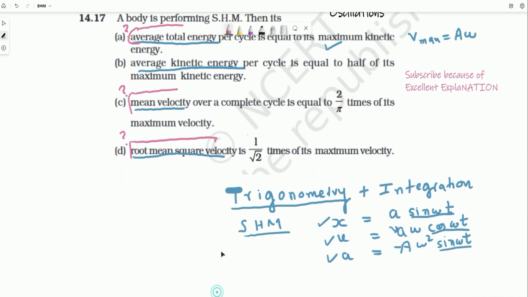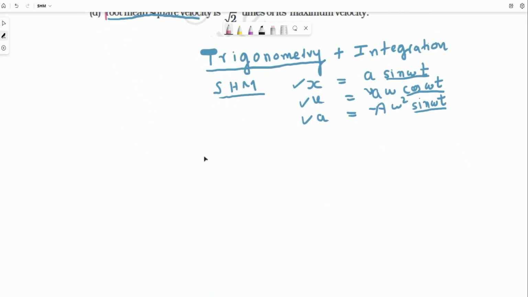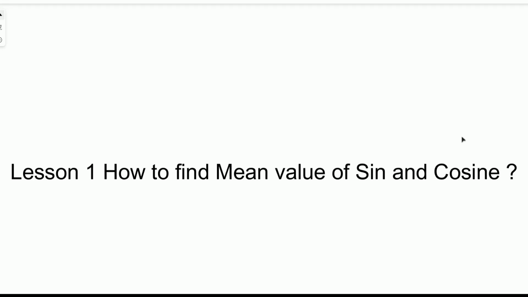Let me give you some important points associated with these terminologies, and this will make your life very, very simple. Let me give you the explanation of how to find the mean or average value of a sine or cosine function.